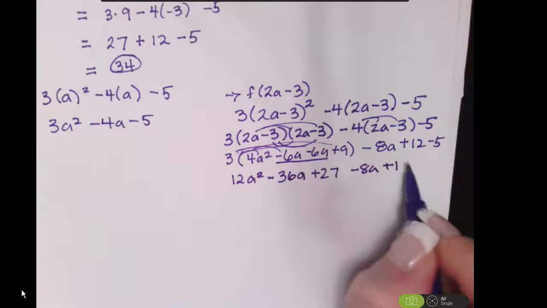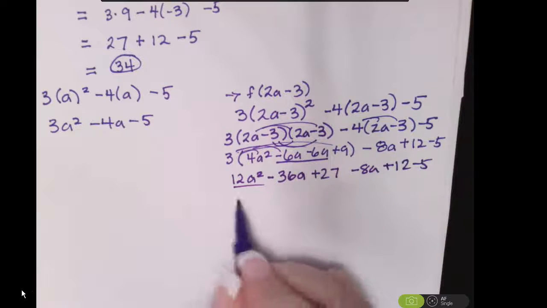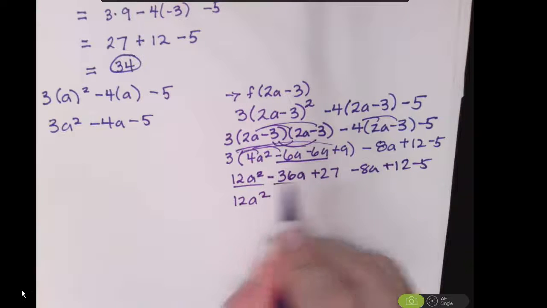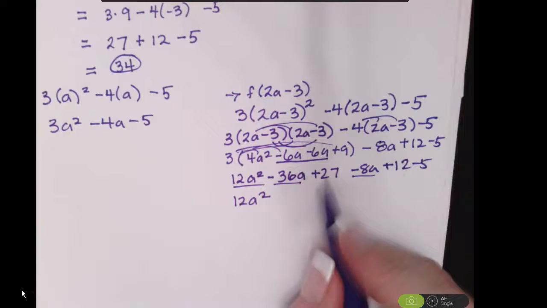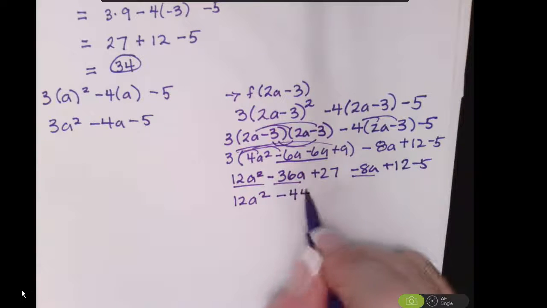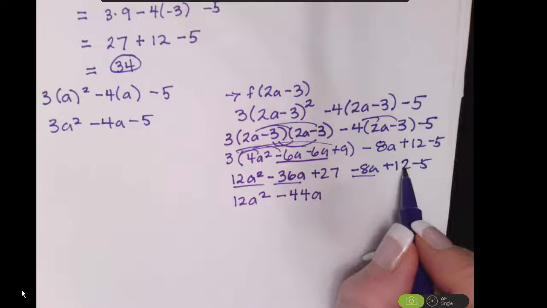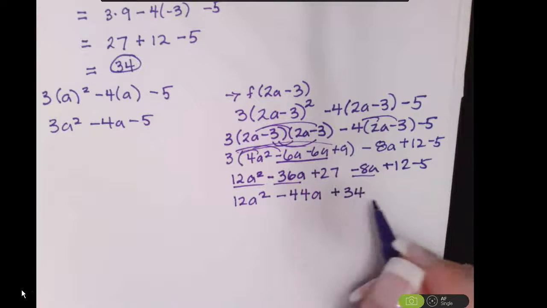And then I still have some like terms to combine. So that's my only a squared. And then minus 36a minus 8a, so negative 36 minus 8 is negative 44. Plus 27 plus 12, that's 39, minus 5, that's plus 34.